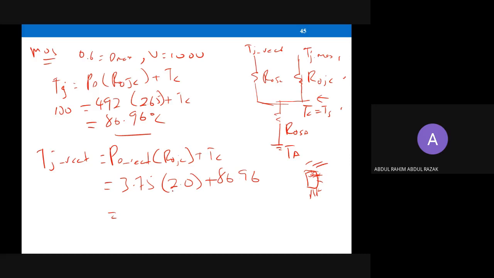So this is your TJ for the rectifier, 94.46 degrees C. So you have your TJ MOS, TJ rectifier, R thermal JC. Now we try to find out what is the R thermal SA.